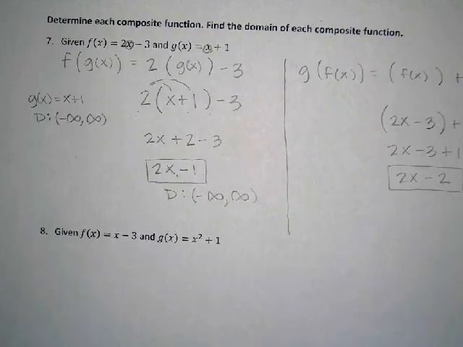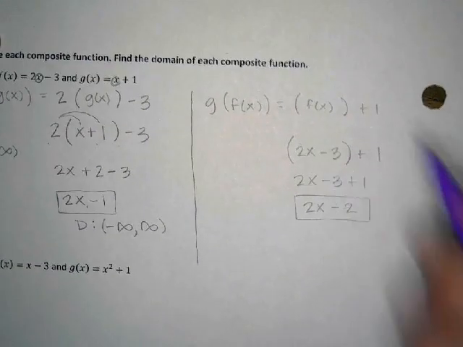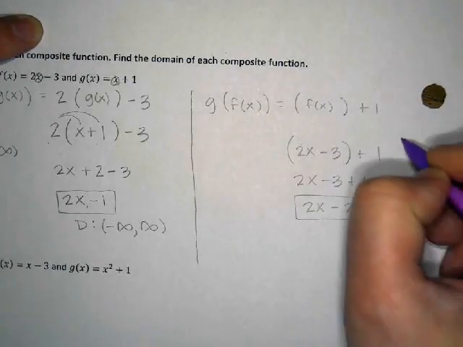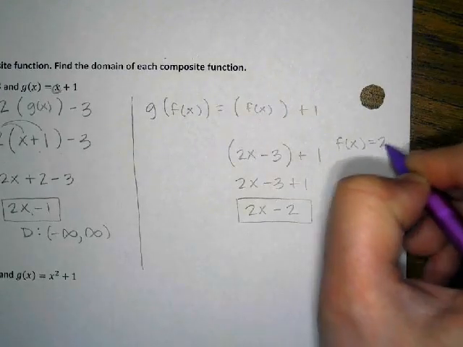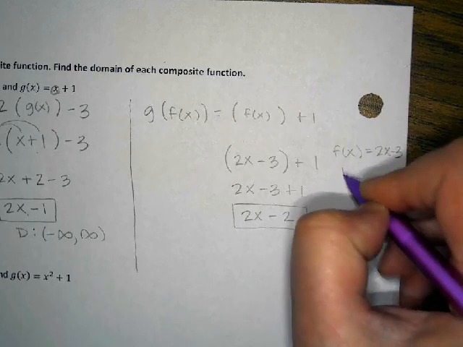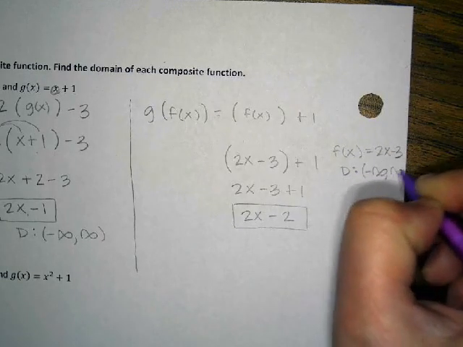All right, let's look at this other one. The domain of the function that we were plugging in, f of x. f of x is 2x minus 3. That's y equals mx plus b form. That's a straight line. We know that the domain of a straight line is negative infinity to positive infinity.